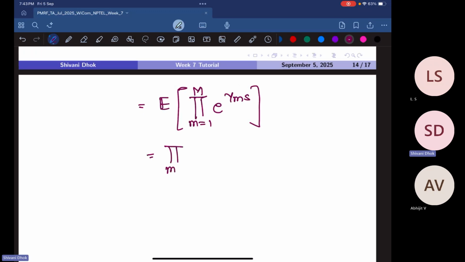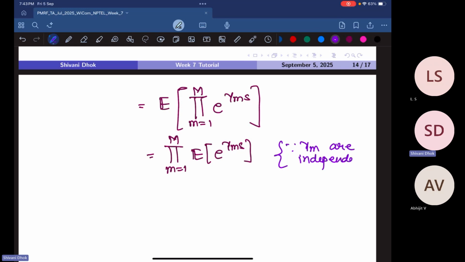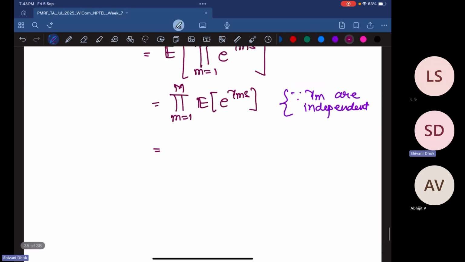So this is equal to the product over m equal to 1 to capital M of the expected value of e power gamma m S. This we did since the gamma m's are independent. So this is the product over m equal to 1 to capital M of the MGF of gamma m evaluated at S. This is the first thing that we have.